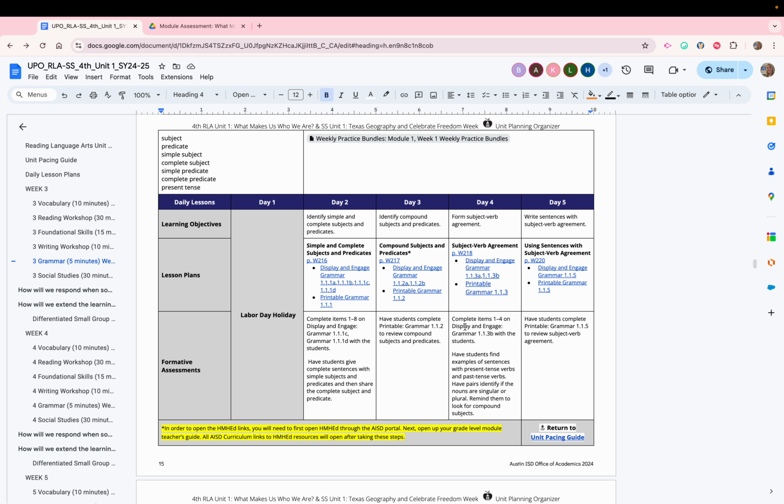So what I'm noticing is that there's no worksheet on this page, that they're using the display and engage. And that might be done orally or like on an index card or something. And then I noticed that this second part is kind of like having them find some examples.